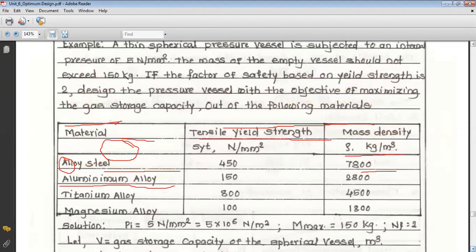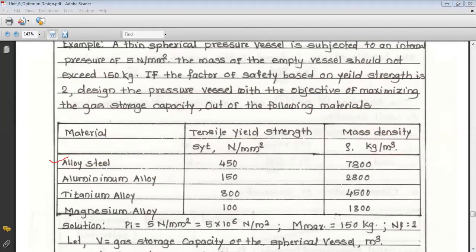So there are 4 materials that are given. The first material is alloy steel. The tensile strength and mass density are given, that is rho and SYT. SYT is given in Newton per mm square, that is megapascal, and mass density is given in kg per meter cube. Then the next ones are aluminum alloy, titanium alloy, and magnesium alloy.